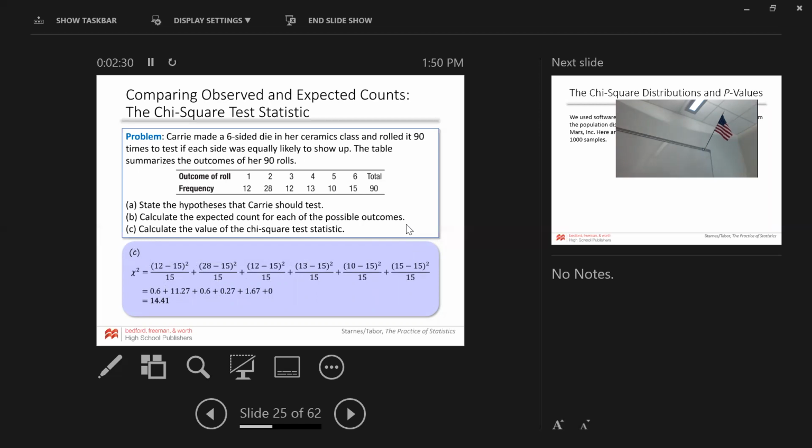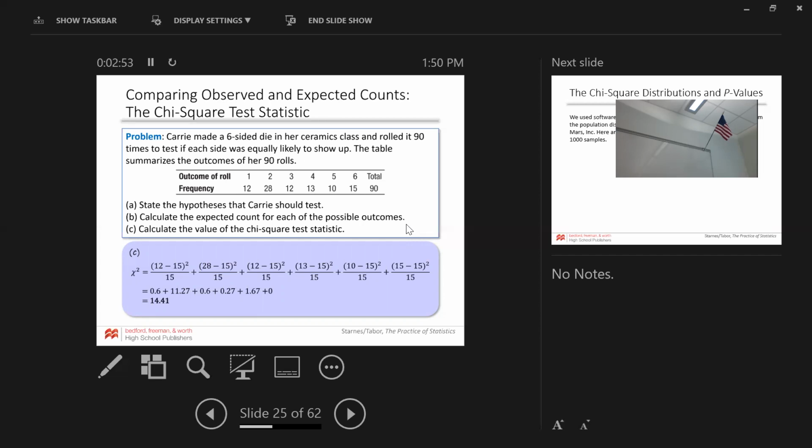So we'll take just the one. You got 12 ones in 90 rolls. What do we do with it? We subtract the expected, which was 15, which was 1/6 of 90. That's where 15 comes from. Square it. We have to square it. Why?